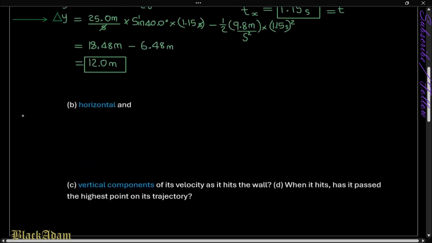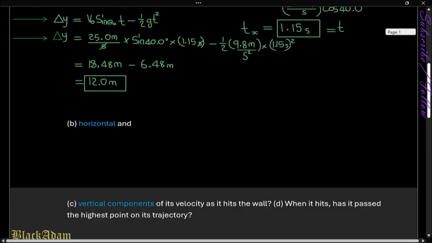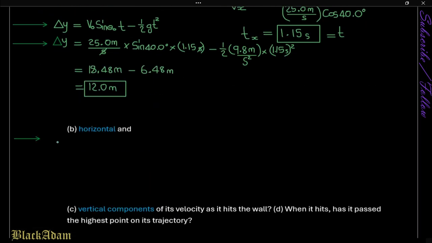The next question is the horizontal component of the speed. Vx is V0, the initial velocity, times cos 40 degrees.